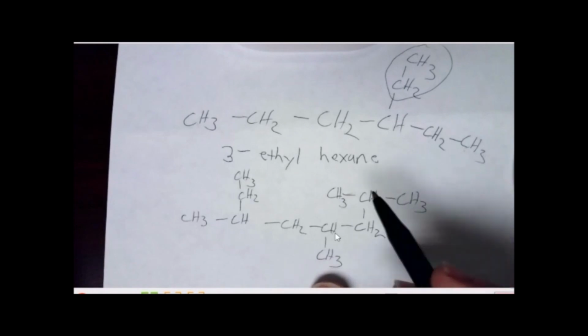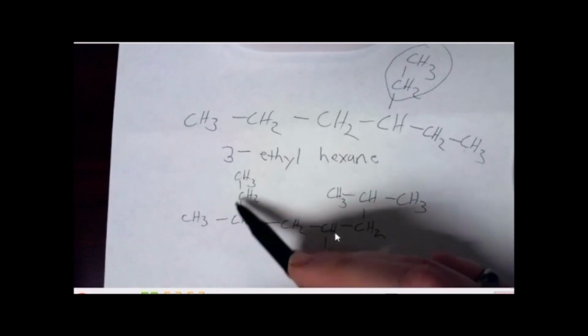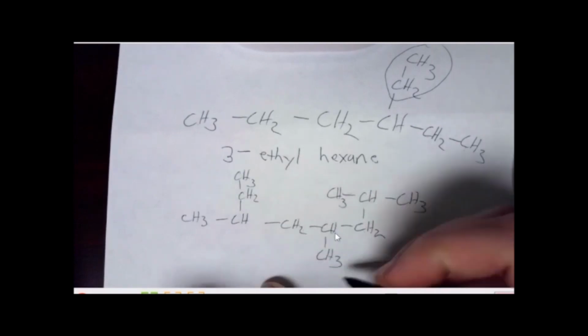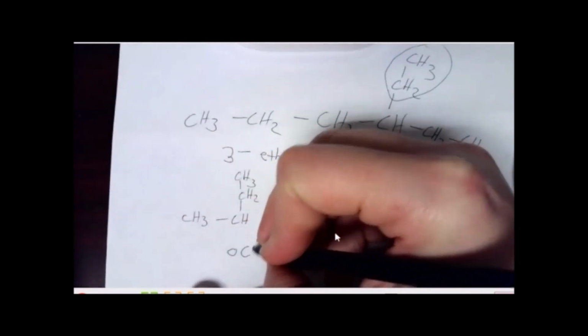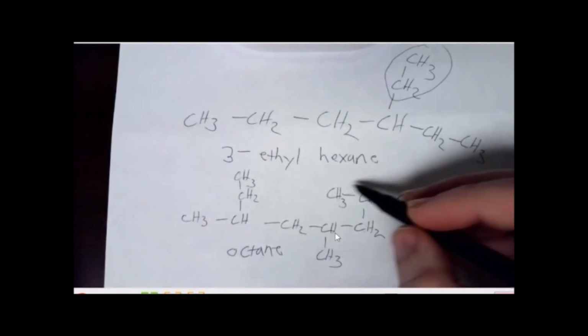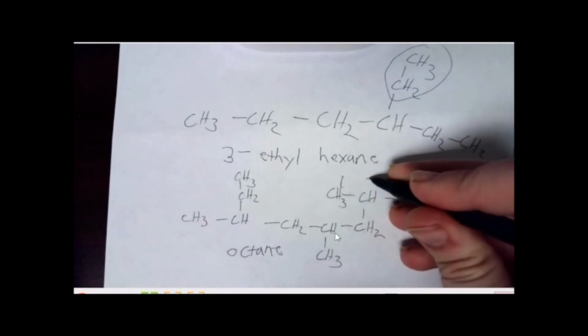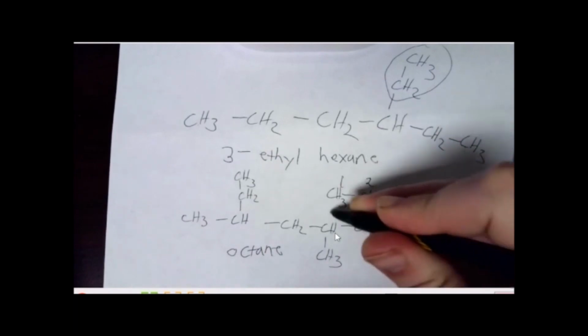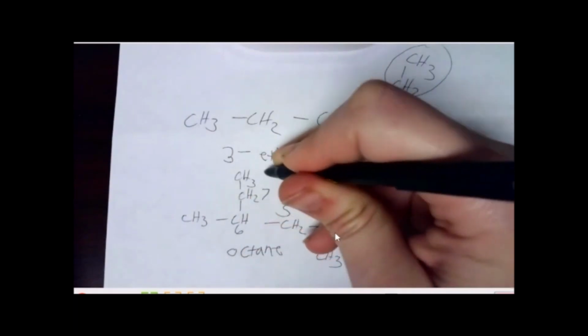It doesn't matter how funky it looks. What is the longest chain? 1, 2, 3, 4, 5, 6, 7, 8. So this is a form of octane. What's coming off of it? If I count, the lowest numbers would have 1, 2, 3, 4, 5, 6, 7, 8.